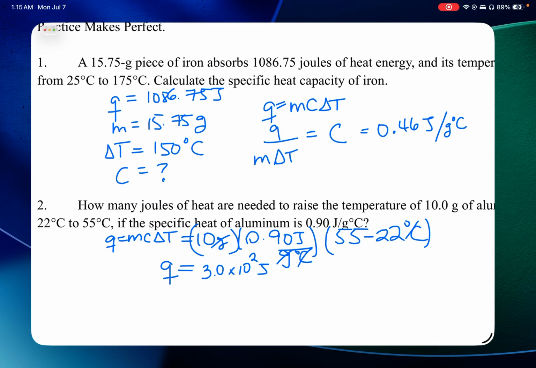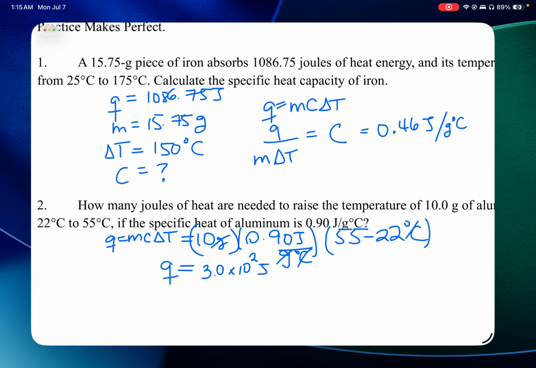And this is the initial temperature. 100 grams of 4 degrees centigrade water is heated until its temperature is 37 degrees Celsius. So this is temperature final. Calculate the amount of heat energy that is needed to cause this rise in temperature.